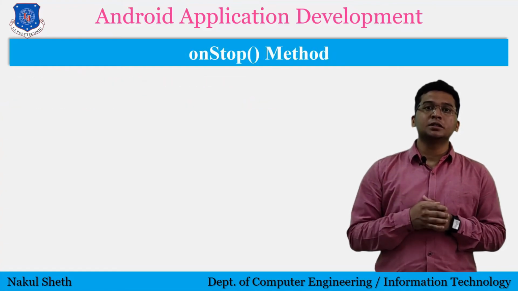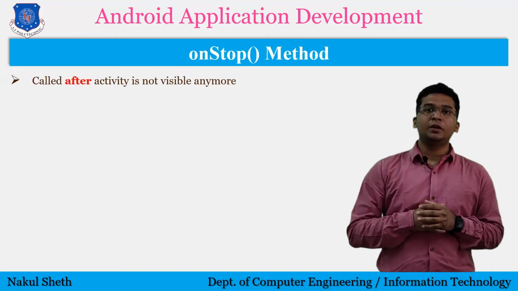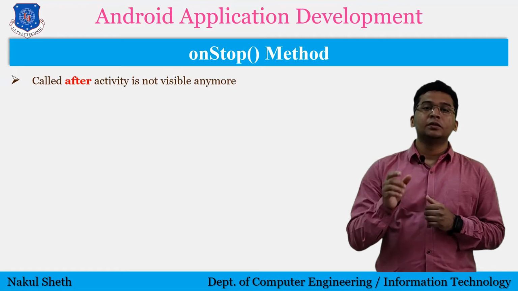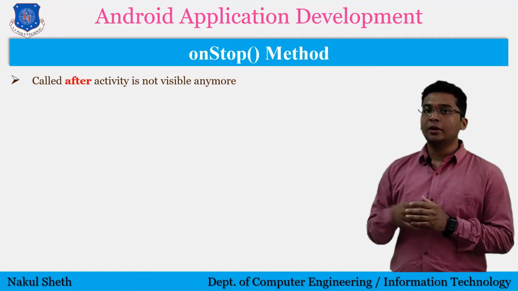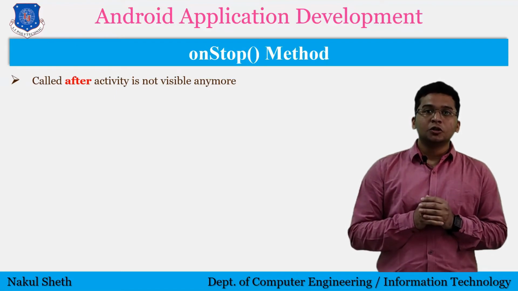Now let us discuss onStop. The onStop method will be invoked after an activity is no longer visible to the user. As you can see here, I have highlighted the word after.